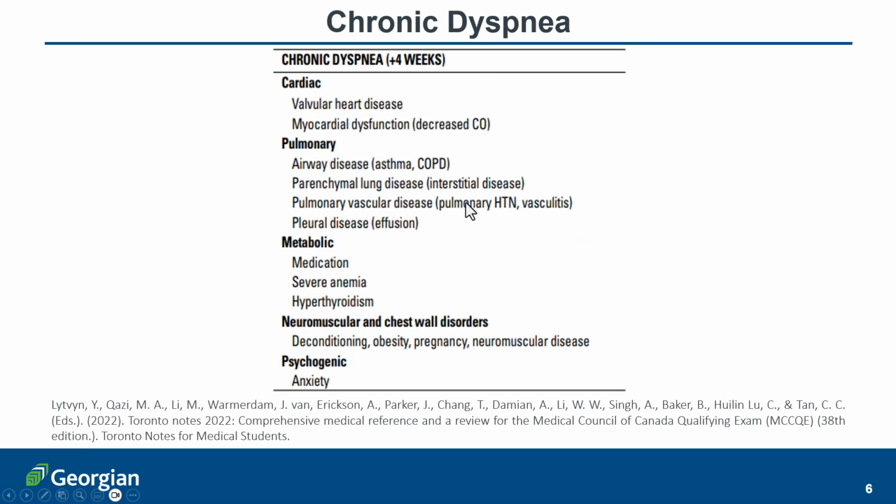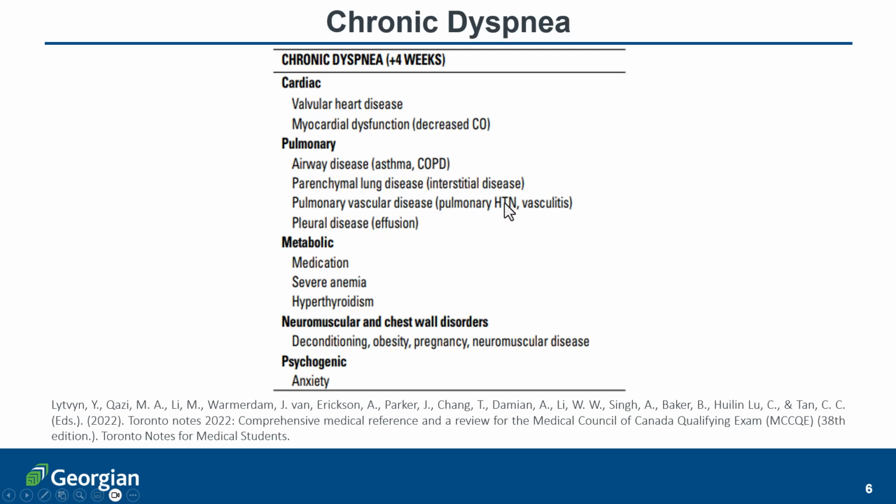Chronic dyspnea, on the other hand, instead of hours to days, typically lasts 4+ weeks, and just like acute dyspnea, can have cardiac and pulmonary causes. Cardiac causes could be myocardial dysfunction, heart failure typically, or valvular heart disease. Pulmonary causes, typically the same as for acute dyspnea, could be COPD and asthma, which are obstructive lung disorders, parenchymal diseases, vascular diseases such as pulmonary hypertension, and pleural diseases.